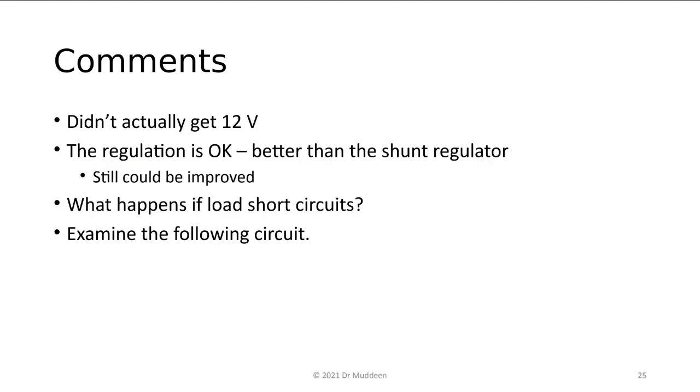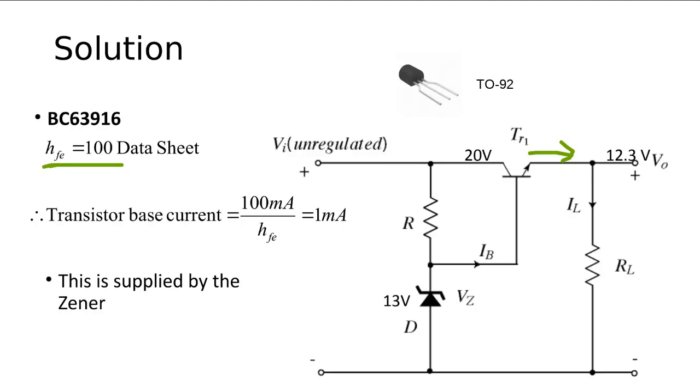All right. So before I go on, that's your final design here. You were asked to design a 12 volt supply to give you 100 milliamps. With everything that is actually available to you, you're able to give 12.3 volts at the 100 milliamps. You have a transistor that is able to dissipate the power required by supplying that.